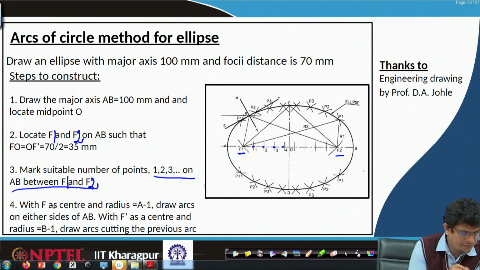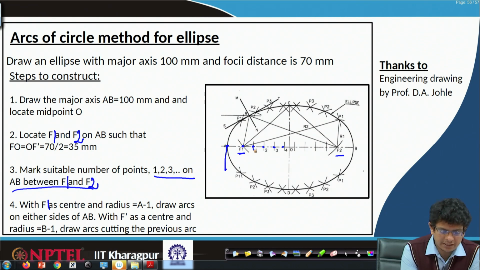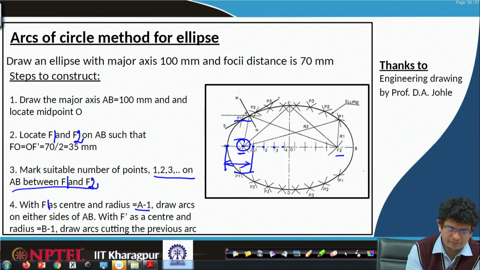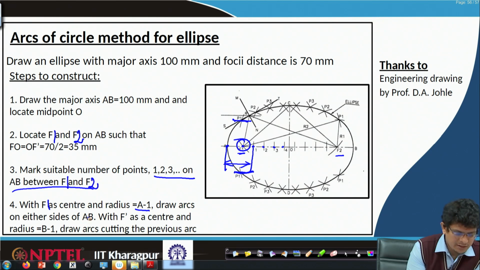with F1 as center, the distance from A to 1, let us measure it. With that distance from F1, make an arc on both the sides. So, center has to be F1, but the distance is A1, A to 1, whatever the distance, make an arc on top and bottom, on either sides of AB.